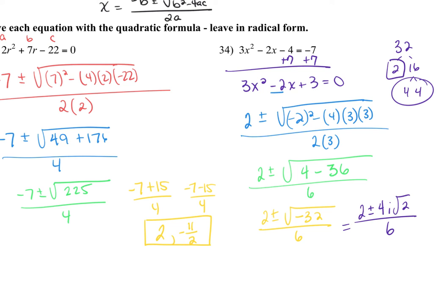I cannot reduce inside the radical because everything I'm reducing is outside of a radical. So I'm going to reduce this by 2. That will become 1. I'm going to reduce that by 2. That will become 2. And I'm going to reduce that by 2. That will become 3. And so my answer is going to be 1 plus or minus 2i square root of 2 all over 3. That is my answer there.